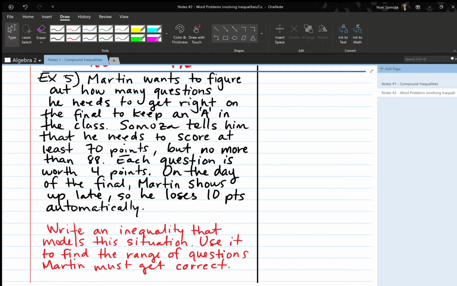We know that each problem is worth 4 points. We need to know how many problems he can get right, what range. So think about that variable and define it. How does the 4 points per problem help you? How does the fact that he lost 10 points for being late affect the inequality?